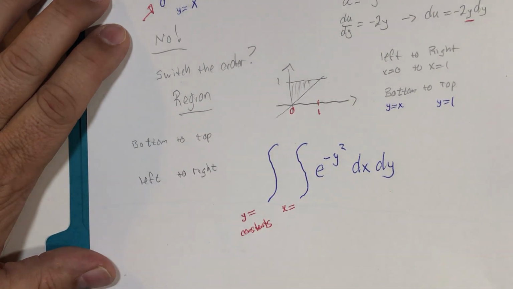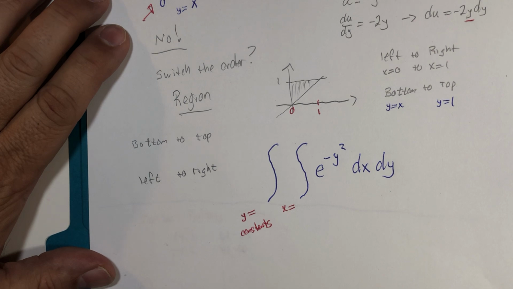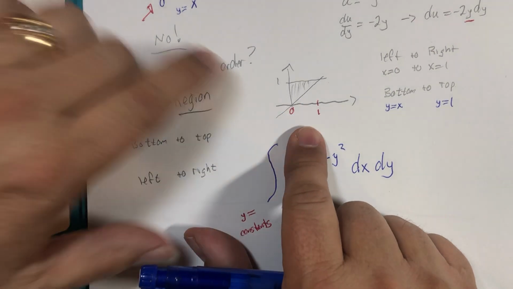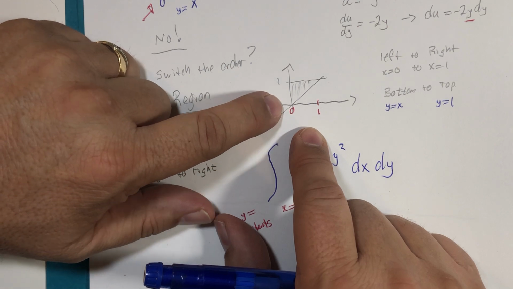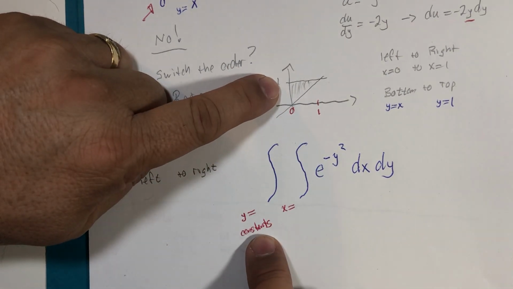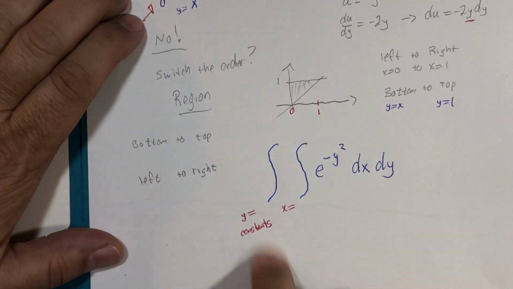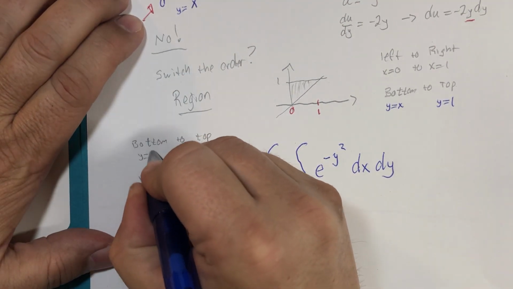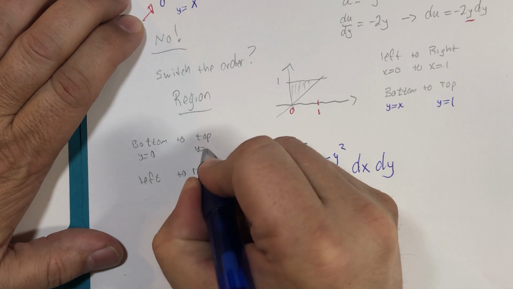Again, that's not exactly the way the book writes it, but it is what the book means when they say that. So if we look at our region here, the y values go from y equals 0 to y equals 1, and those are going to be constants. So it's from 0 to 1, y equals 0 to y equals 1.